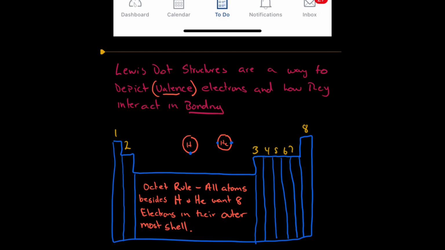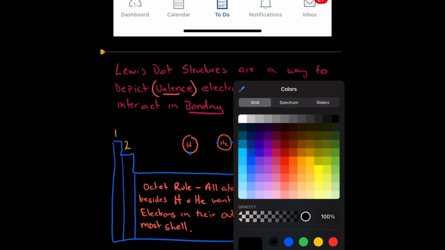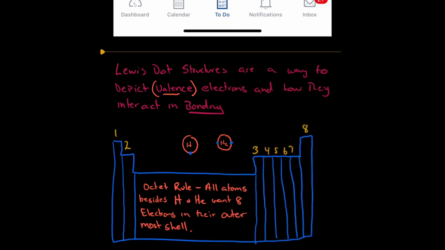Now if you jump down to, say, potassium, which is in the fourth energy level, potassium is going to have 4 energy circles around it. So we'll put a K here and put 4 energy levels around it: 1, 2, 3, 4, okay? As you know, the electrons fill up to the outer shell by filling in the center shells first.